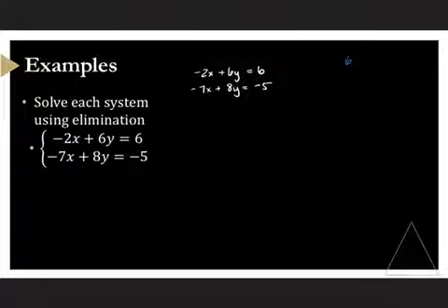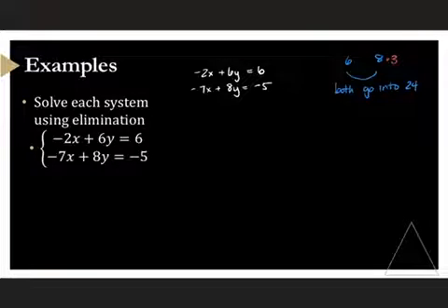So I've got a 6 and I've got an 8, and I need a common multiple. Both of those go into 24. In order to turn them into a 24, 8 would get multiplied by 3, 6 would get multiplied by 4. Now, I don't just need them to be a 24, I need them to be a conjugate pair.